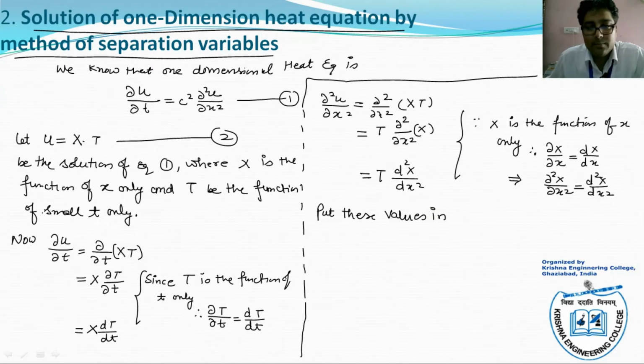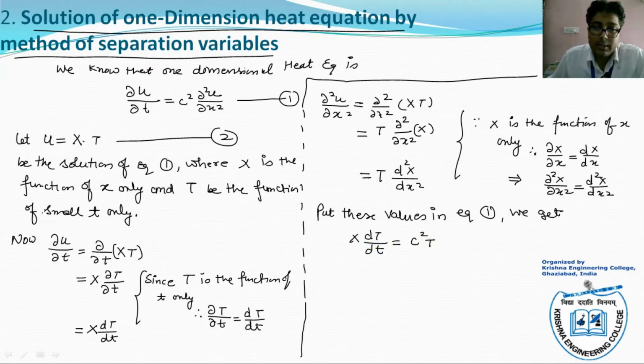Now put these values in equation first, we get del u over del t is equal to capital X dT over dt, clear, is equal to c square capital T d square capital X over dx square. Now the equation can be rewritten as c square T d square capital X over dx square is equal to capital X dT over dt.